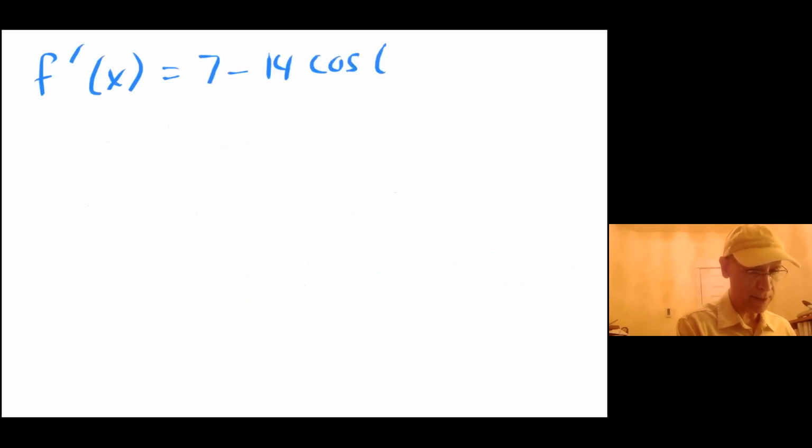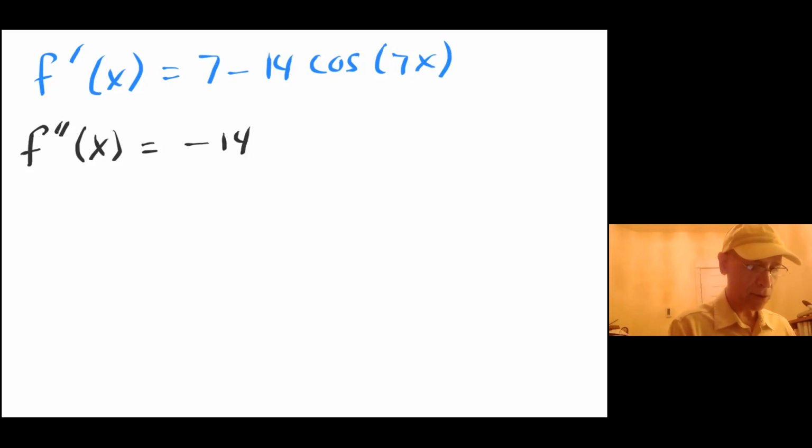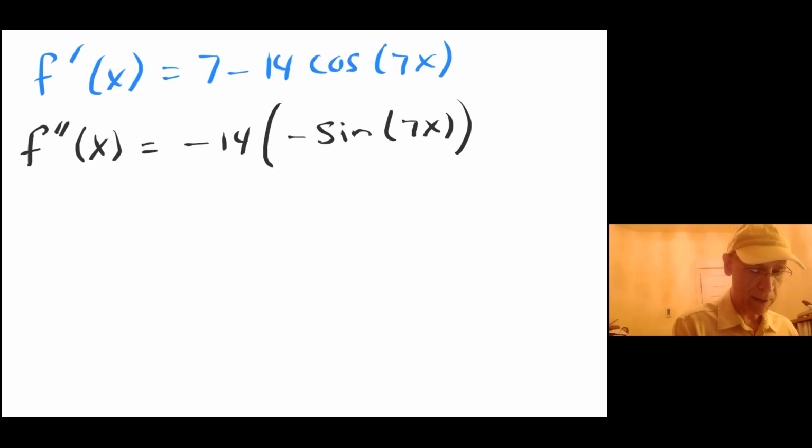We said previously that f prime of x equals 7 minus 14 cosine of 7x. I'm going to take the second derivative. f double prime of x equals: the derivative of 7 is 0, so I have minus 14 as my constant. The derivative of cosine is minus sine of 7x, using the chain rule, times 7.